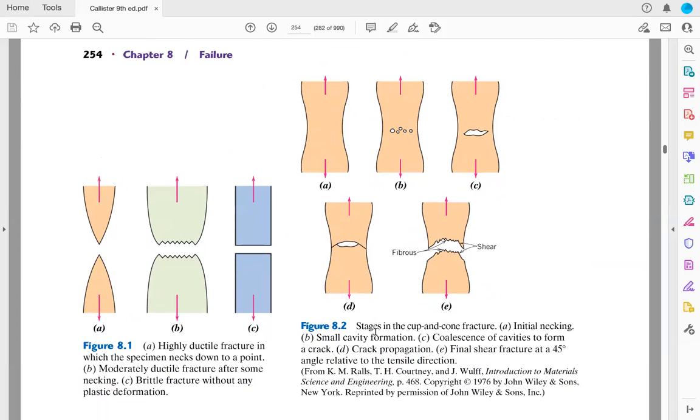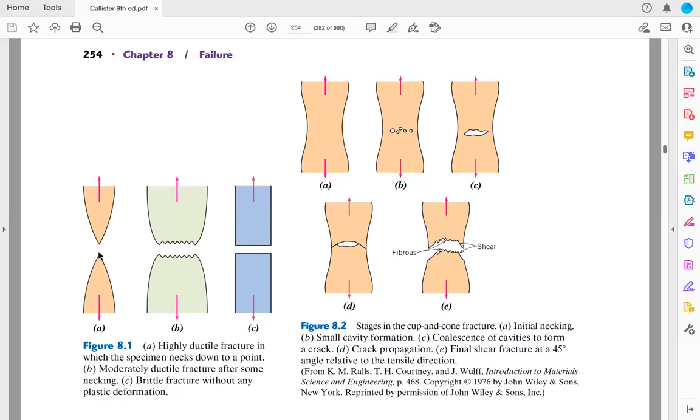Okay, so there are two types of fracture. The first one is brittle fracture, or maybe the first one is ductile fracture. In ductile fracture we can see that here is a very highly ductile fracture. That means the area reduction can be almost zero at the tip where the deformation occurs.